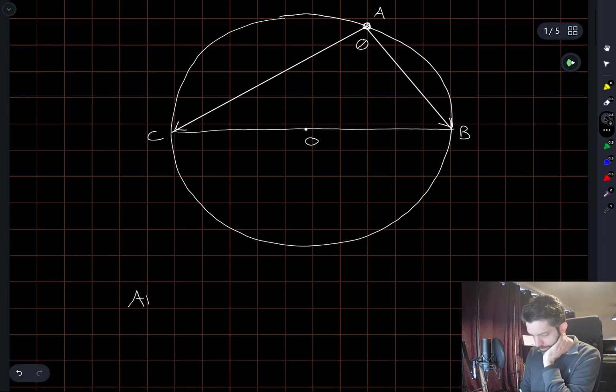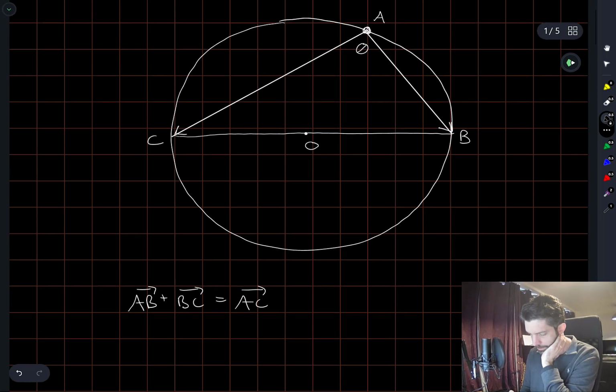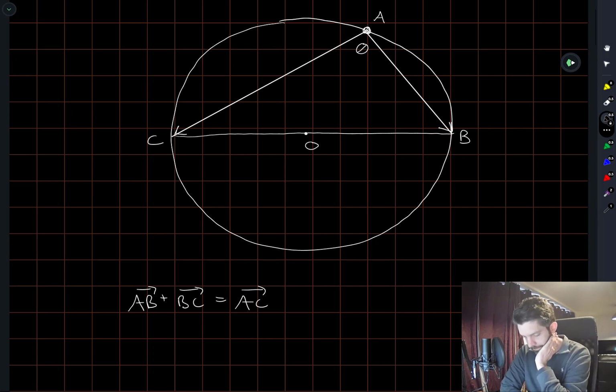I know AB plus BC is equal to AC. And I want to take a dot product between AC and AB and show it's equal to 0. But at some point, I'm going to have to use the fact that BC is a diameter of the circle.